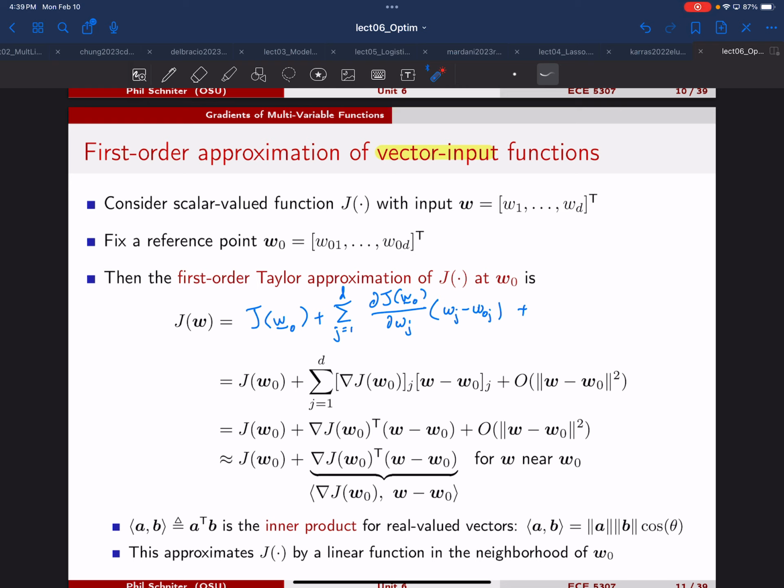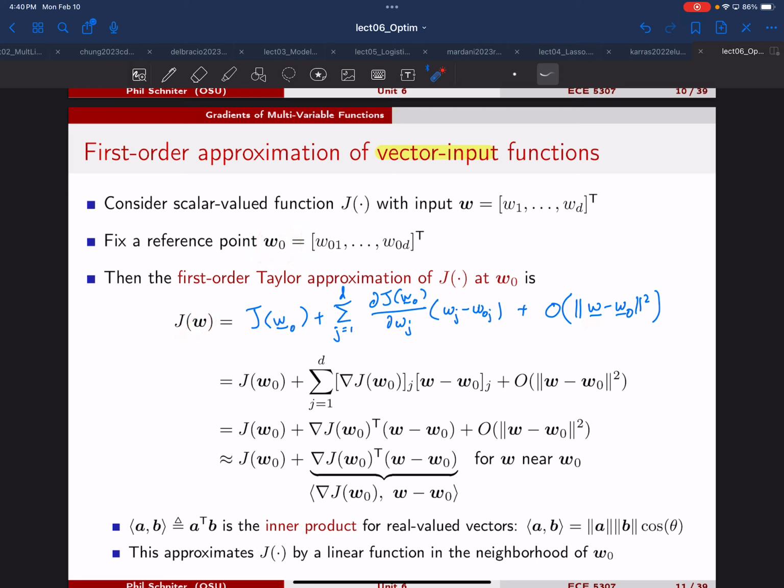And so you can see that this is very similar to what we had on the previous page, except now we have a sum of partial derivatives, whereas in the previous page we just had a single plain derivative because there was only one parameter. So that's really what's changed. And we're going to have a big O term, and now the big O is going to say it's quadratic in no more than the squared norm between this W and our reference.